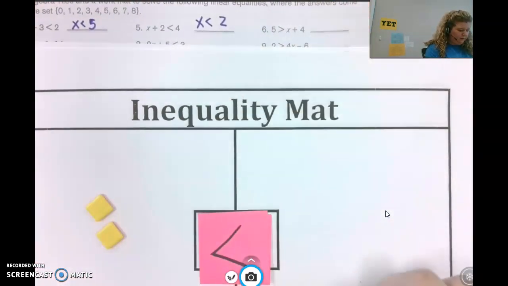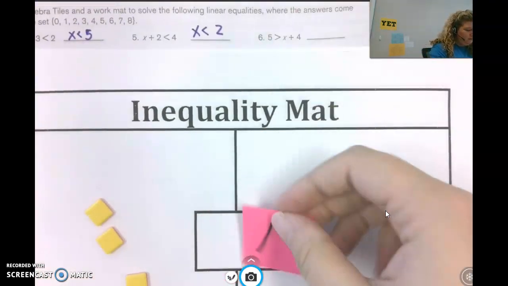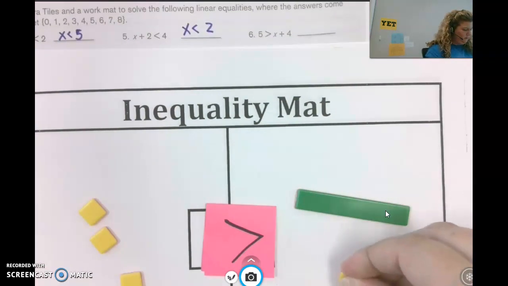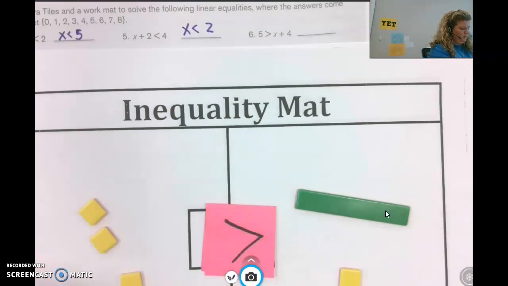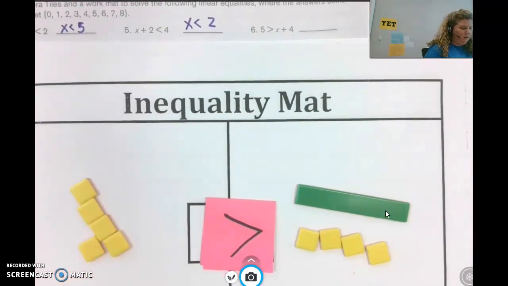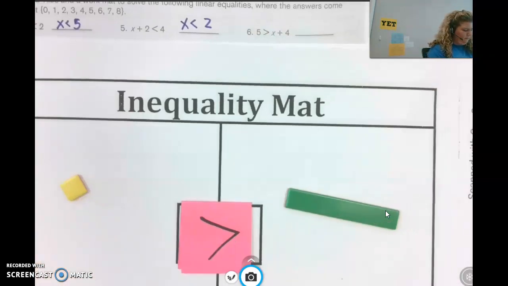Now I've got 5 greater than x, 1, 2, 3, 4. Let's get these up so we can see it all. Okay. So I do have 4 that I can remove from each side.